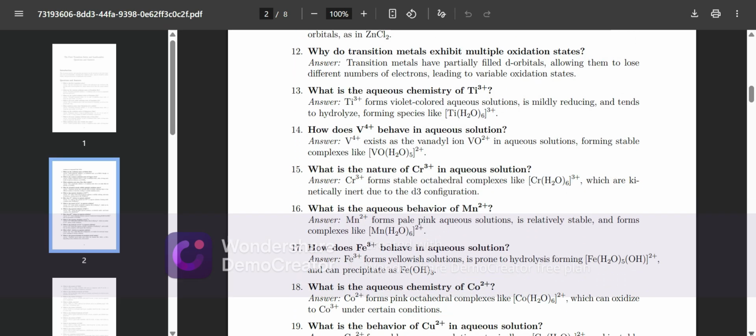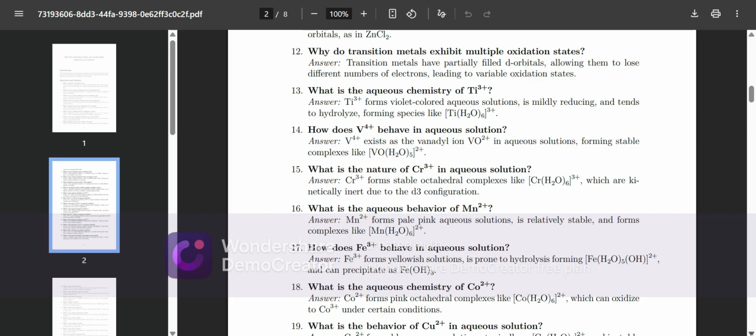What is the aqueous chemistry of Ti3+? Ti3+ forms violet-colored aqueous solutions, is mildly reducing and tends to hydrolyze, forming species like [Ti(H2O)6]3+. How does V4+ behave in aqueous solution?